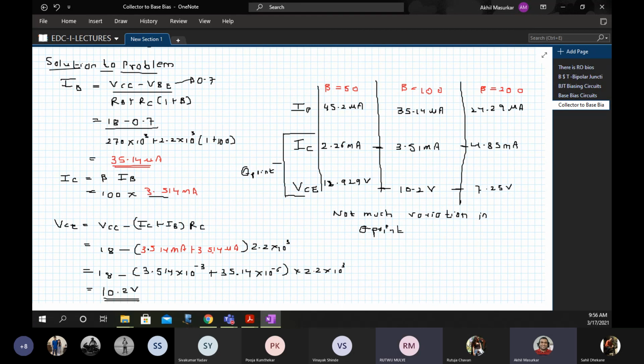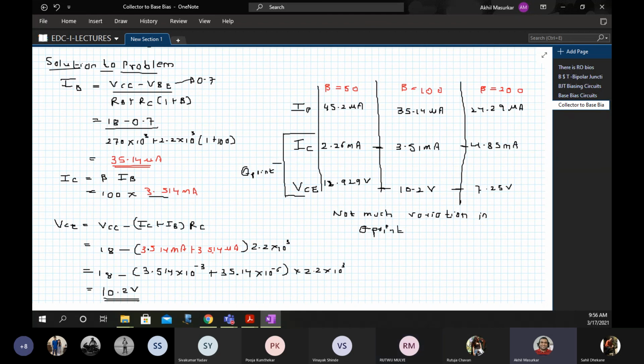Sir, can we neglect the VBE 0.7? No, you can't, because it's a voltage drop, no? Sir, but it's very small with respect to VCC. No, it is not very small. Very small is 0.1% of VCC.